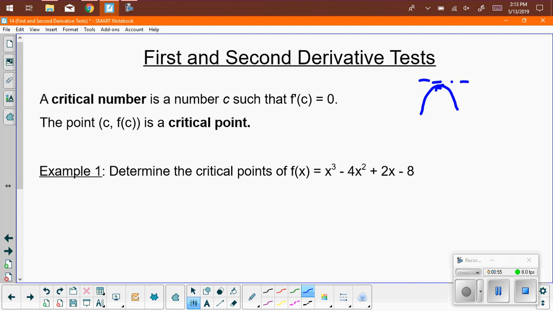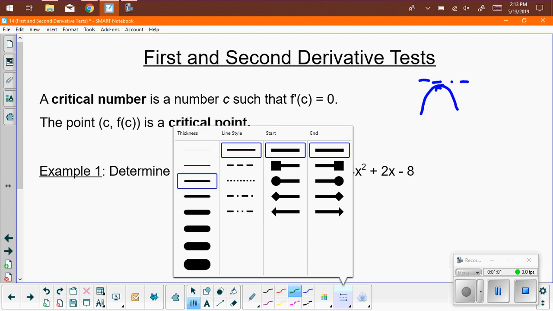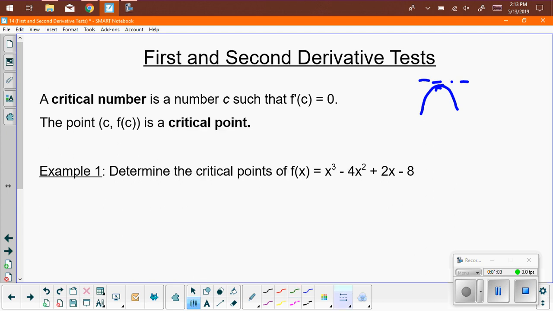So let's do a quick example of how to find those. Determine the critical points of this cubic function here. In order to do that, I'm going to take the derivative. So f prime of x is equal to 3x squared minus 8x plus 2.